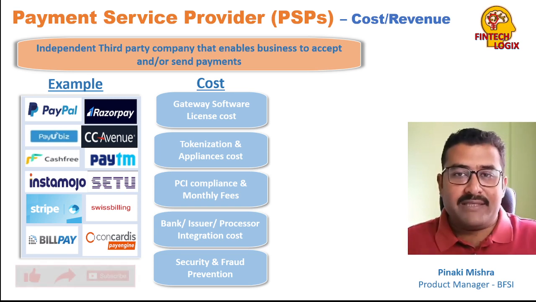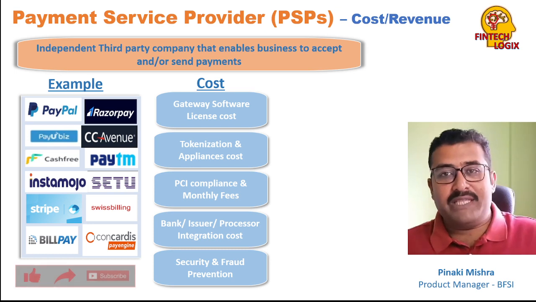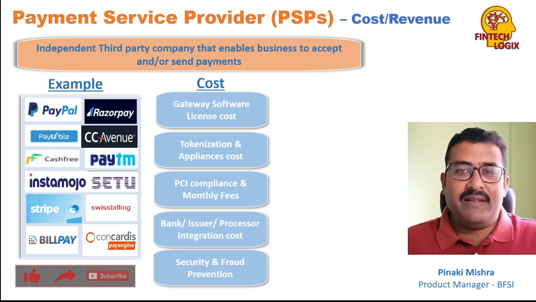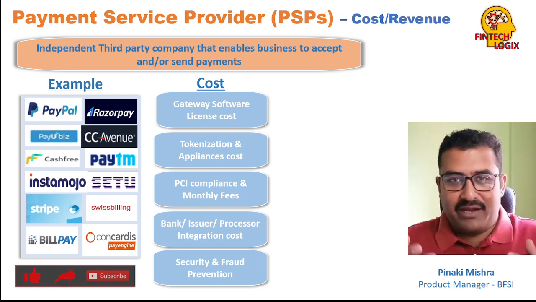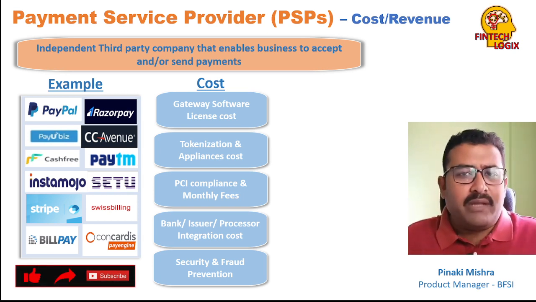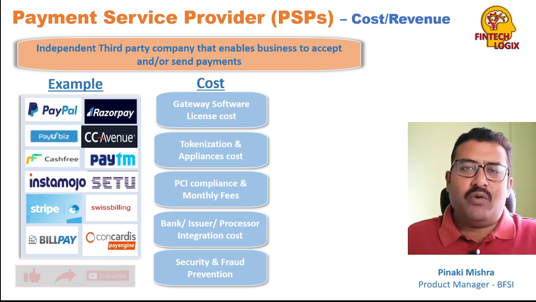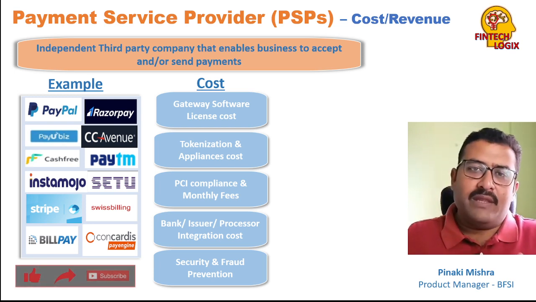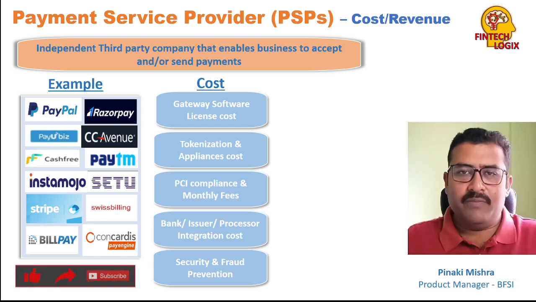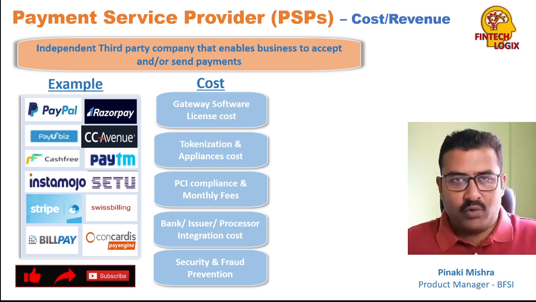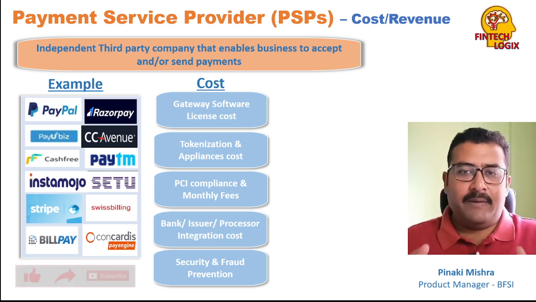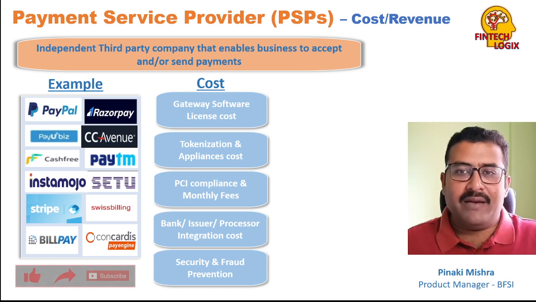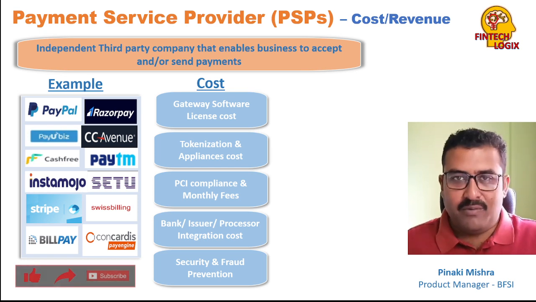If any customer comes with a specific bank, then that integration should be there, otherwise there would be a huge hiccup. So this integration cost is normally the sandbox cost, the testing, and the resource cost that PSPs bear to get the integration up and running.